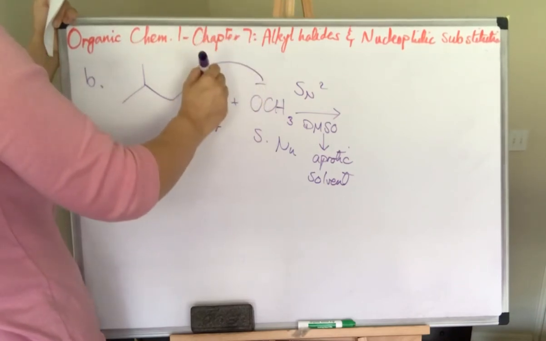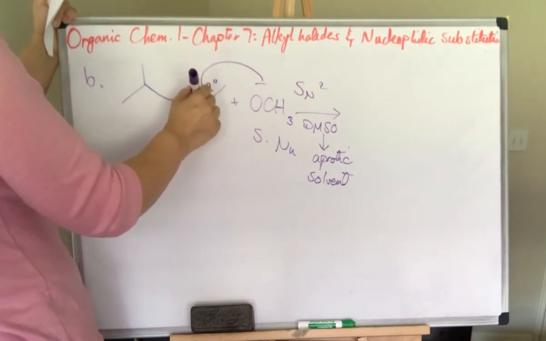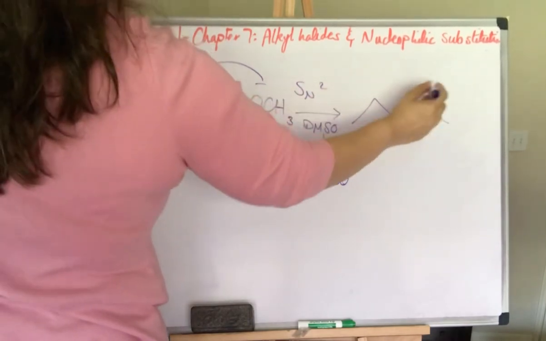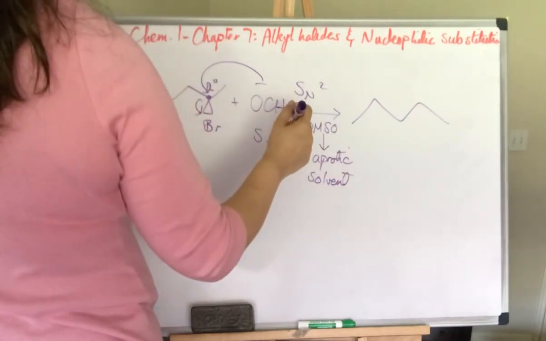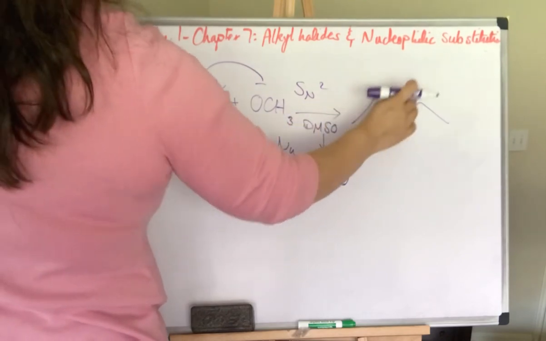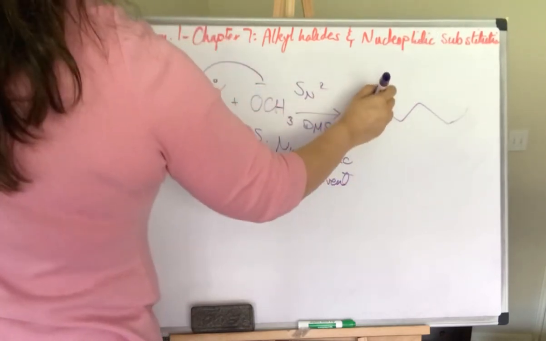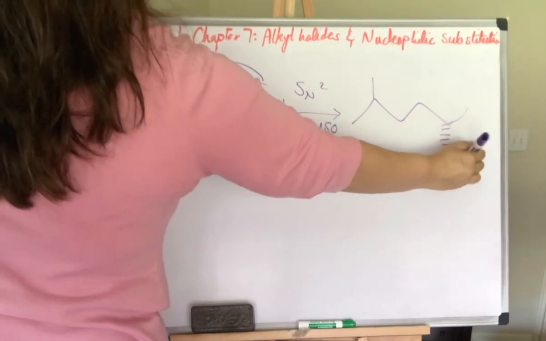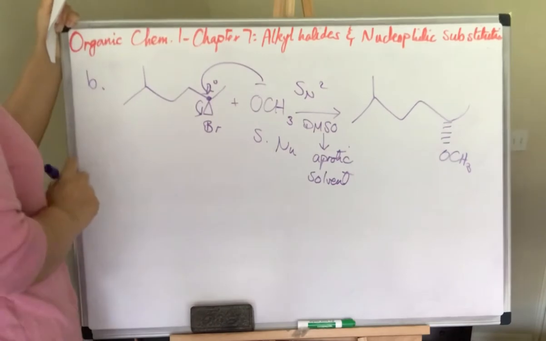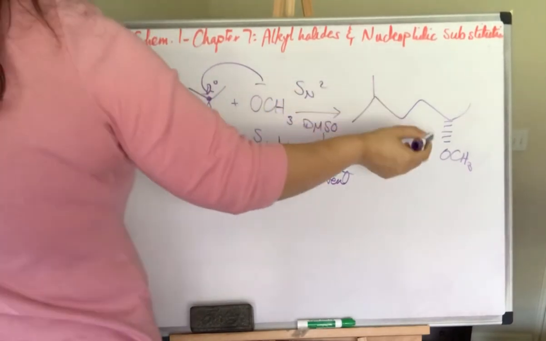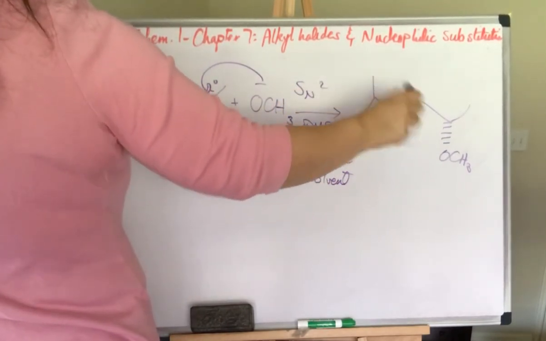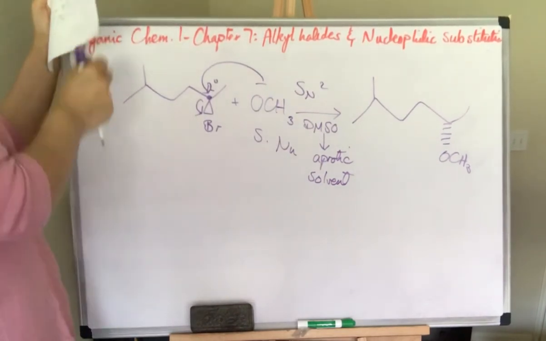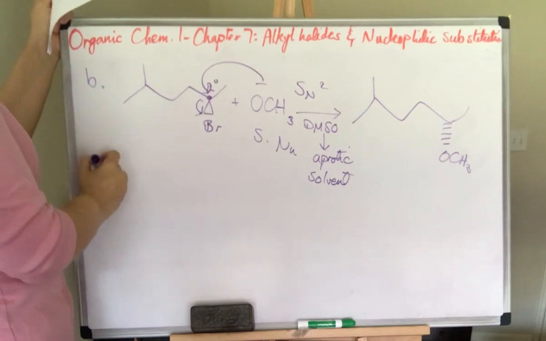The molecule is going to have 1, 2, 3, 4, 5, 6. 1, 2, 3, 4, 5, 6. So molecule will have the opposite stereochemistry. We have R here. We will have S. Yeah, opposite. Inversion of configuration for SN2. And let's work on F.